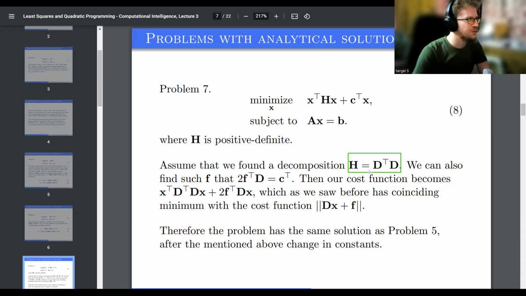You can try to prove it now that you know how SVD works. You can argue somehow that if D wasn't full rank, then H wouldn't be full rank. Okay, so this is a powerful decomposition. In order to actually do it in practice, in something like MATLAB, you probably call something like sqrtm, M stands for matrix.